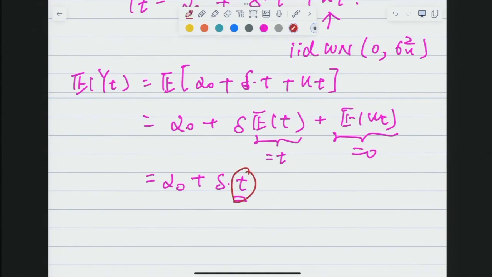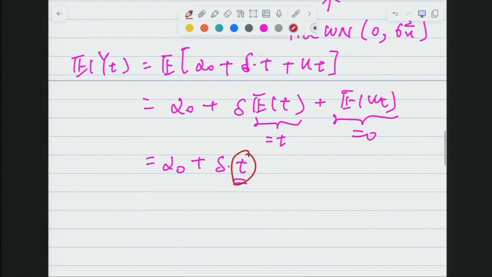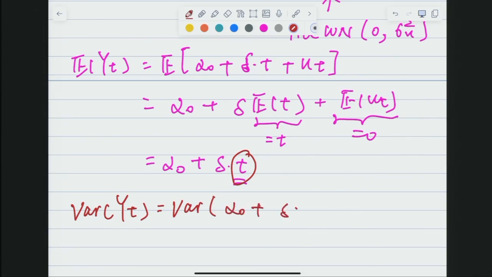So the mean is changing over time. But if you look at the variance, which is the variance of alpha naught plus delta times t plus u_t, by now you should know alpha naught is a constant, no variance. Delta, also a constant. t is something that's deterministic, no randomness.